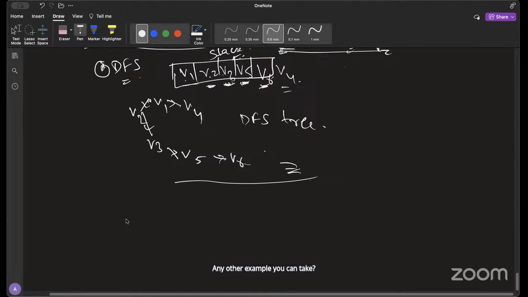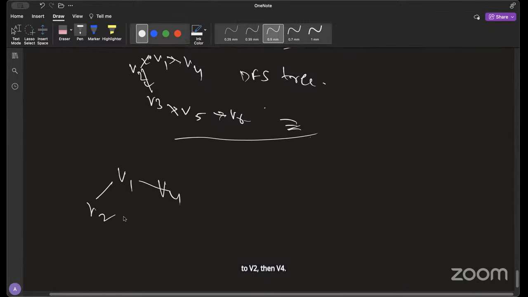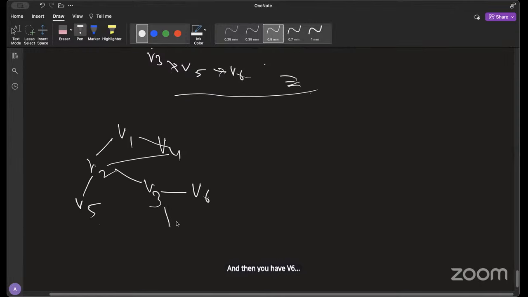Let's take something which is not very trivial. Let's say you have V1 to V2, then V4, and then V3 and V5 here, and then V6 and V7 here.